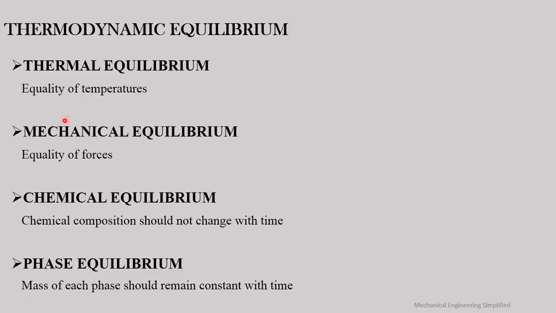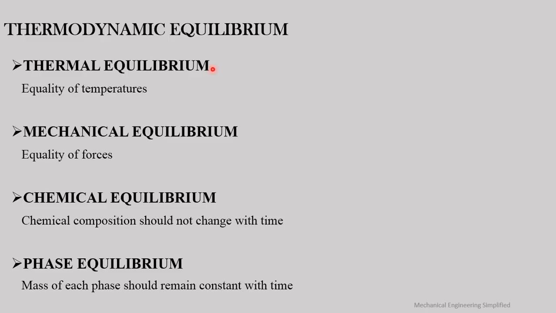Then we have thermodynamic equilibrium. What is it? Thermodynamic equilibrium consists of four equilibriums. What are those? Thermal equilibrium, mechanical equilibrium, chemical equilibrium, and phase equilibrium. For the system to be in thermodynamic equilibrium, or complete equilibrium, all four must be satisfied.